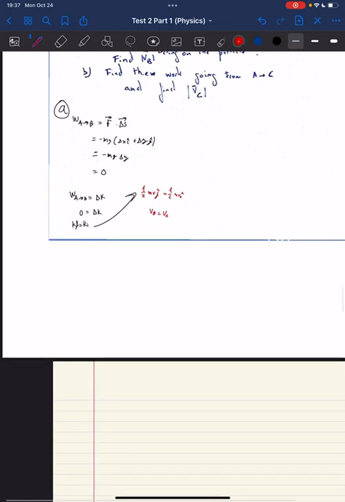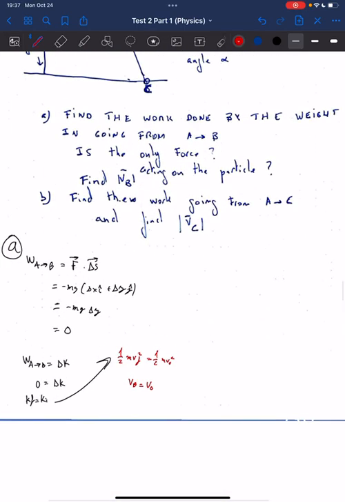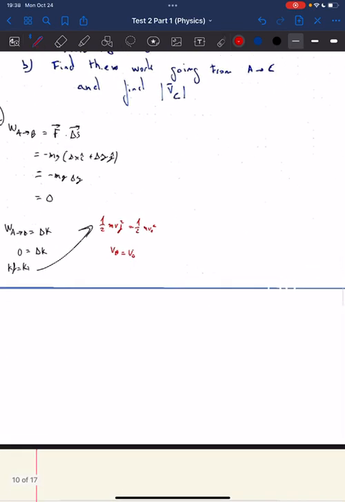But now we're going to part B. Find the work going from A to C and V at C. So this one is a little more complicated. Why? We're going to use the same equation.